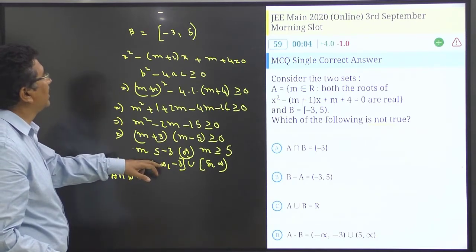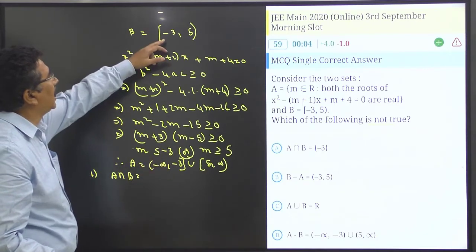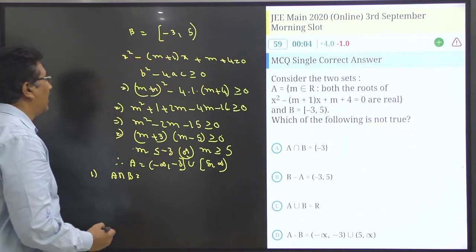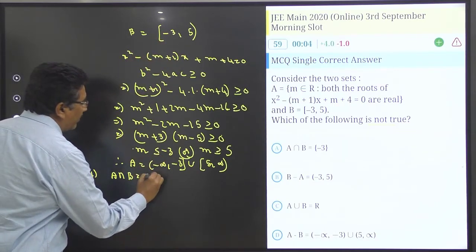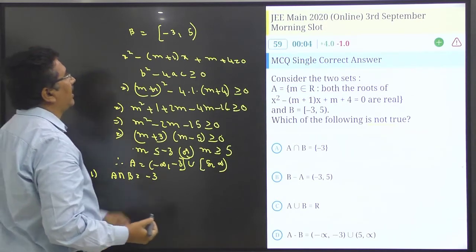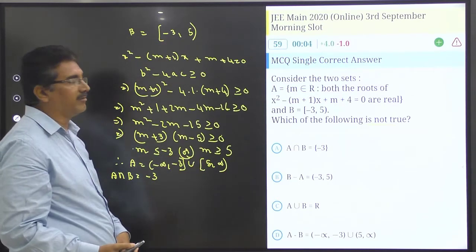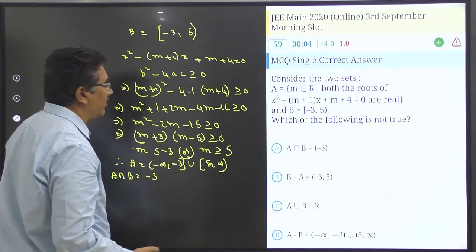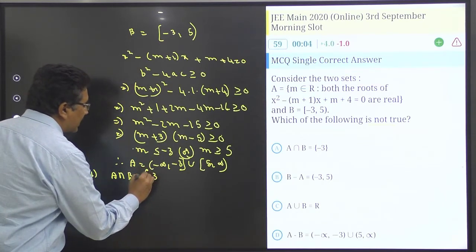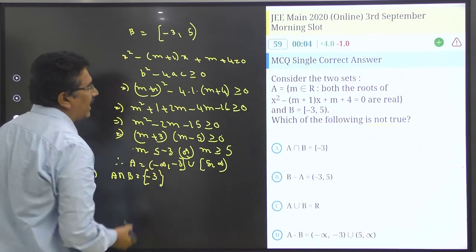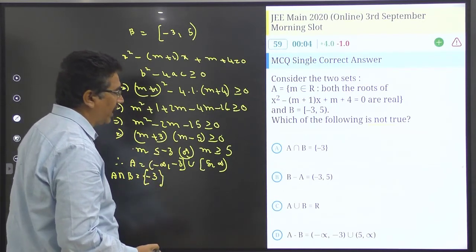A is minus infinity to minus 3 and B is minus 3 to 5. The intersection of A and B is minus 3, so A intersection B is the singleton set {minus 3}. The statement A is a true statement.